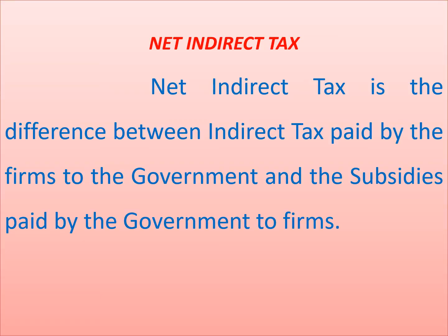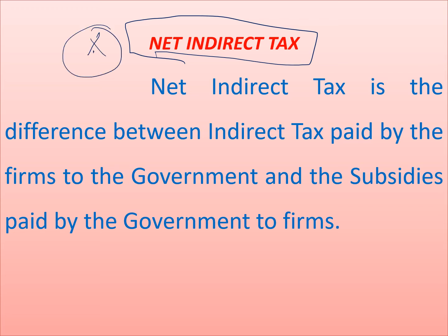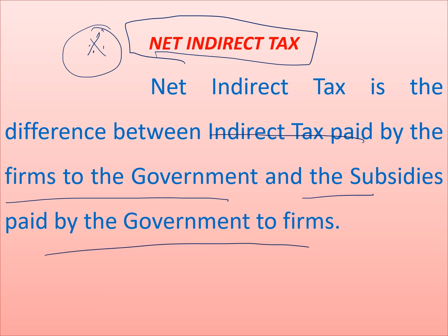Next one is net indirect tax. This is one of the important terms you have to keep in mind. What is net indirect tax? It is the difference between indirect tax paid by the firm to the government and subsidies paid by the government to the firm. Net indirect tax equals indirect tax minus subsidies.